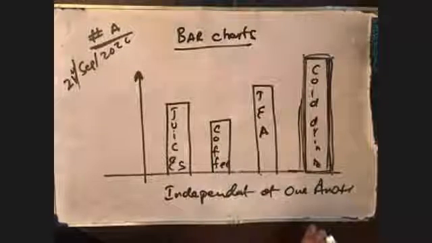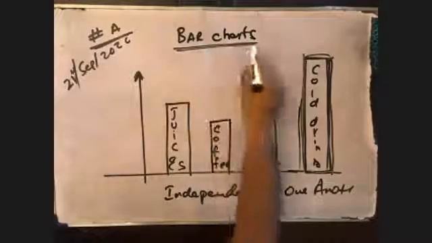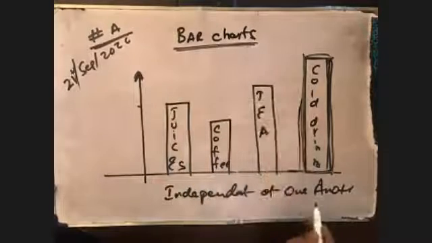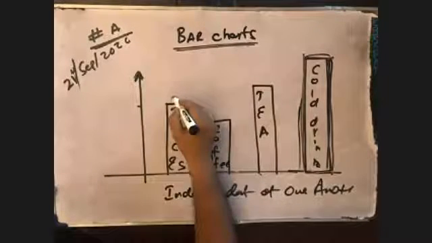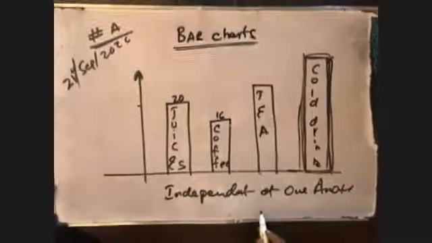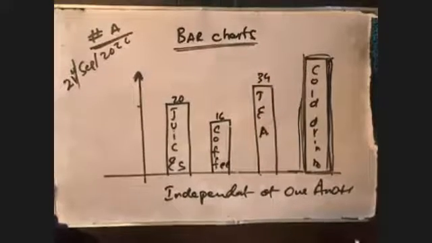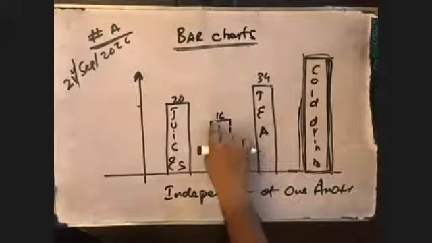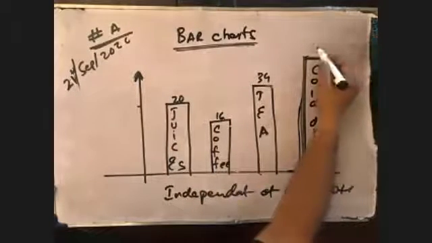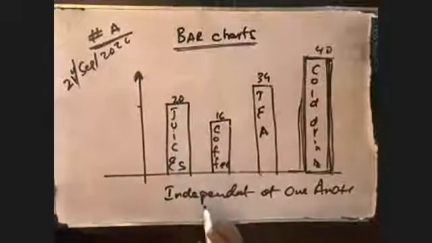So let's start this again. We are doing bar charts, representation of data. If I surveyed 150 people, 20 people like cold drinks, 16 people like coffee, 34 people like tea, and 40 people like juice, so I interviewed 110 people.